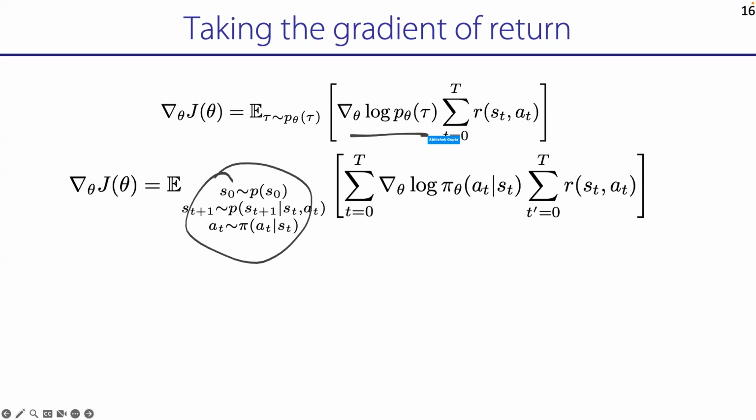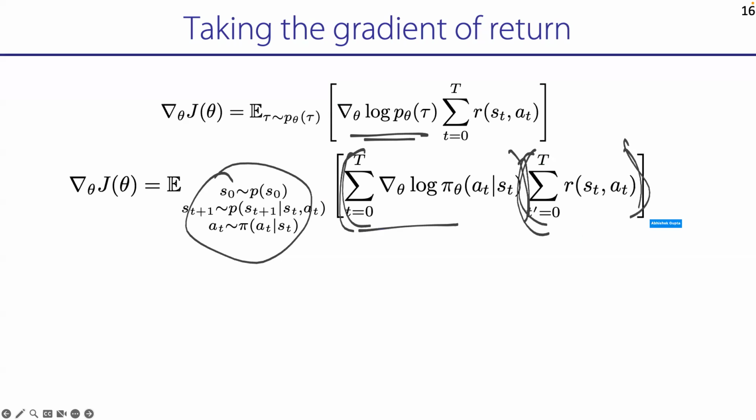Then remember, we just worked out that grad log p theta tau is a sum from t equal to 0 to t of grad theta log pi theta of at given st, right? And the reward is just the sum from t prime equal to 0 to t of r of st, at, right? The important thing here is that there are brackets here.